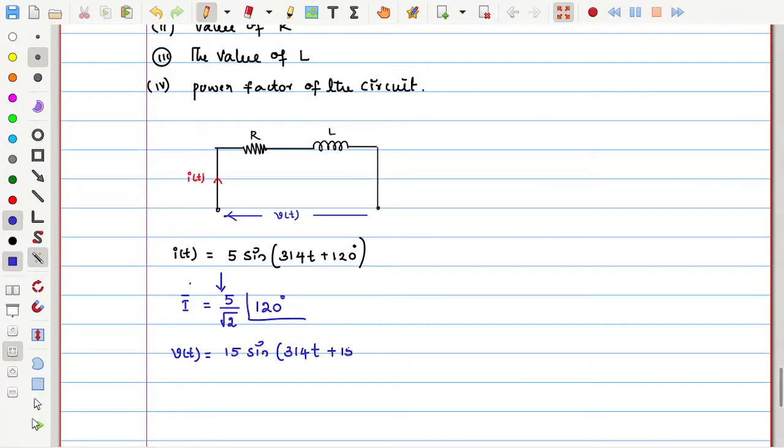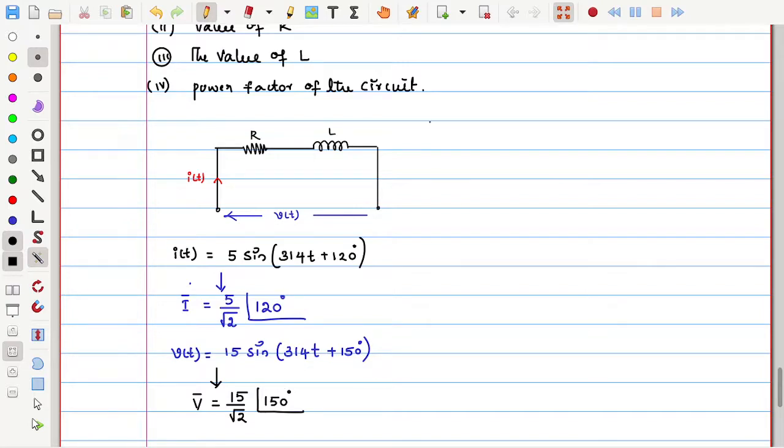So I am expressing the given radians in degrees, that's all. Now can I say this voltage also in phasor form as V bar is equal to 15 by root 2 at an angle of 150. So I got the voltage and current phasors.